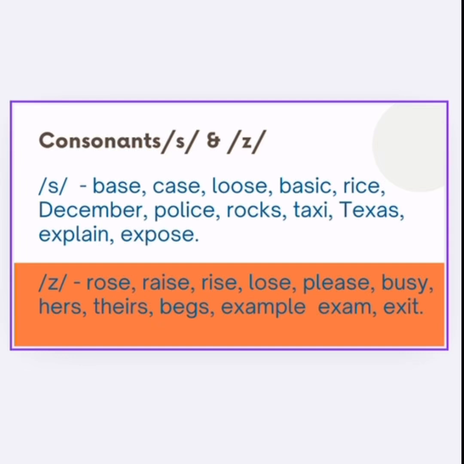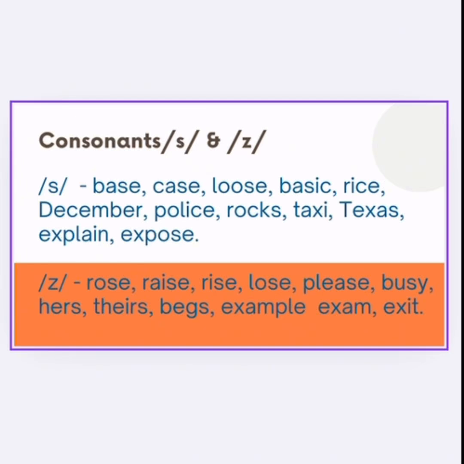Like in the word hers, the sound that we have before the S is a vowel sound, so it's automatically a voiced sound. Hers. So the S there will sound Z. Hers. Theirs. Begs. In the word begs, the sound that you have before the S is G. If you place your palm on your vocal cord, you will feel a vibration. It's a voiced consonant sound. So because of that, the S will sound Z.